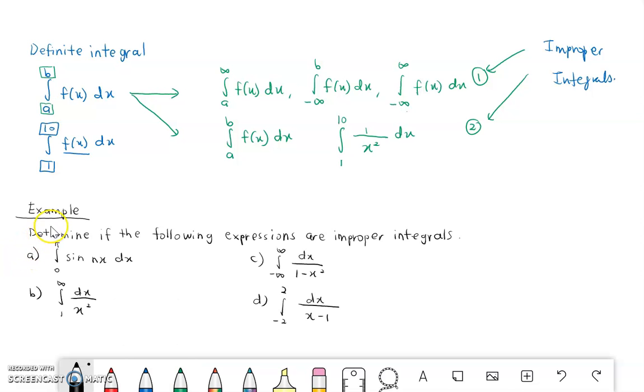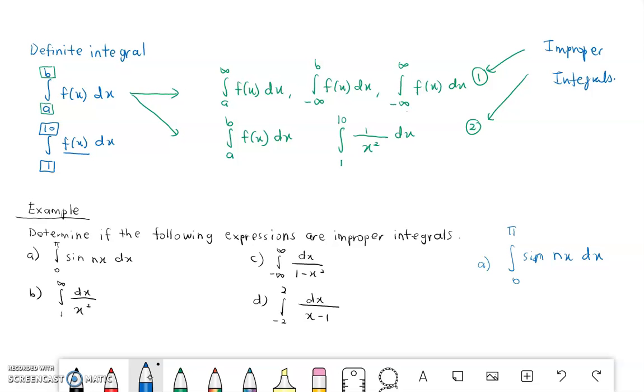Now let us try this example. Determine if the following expressions are improper integrals. I want you to pause this video and identify if these expressions are improper integrals or not. Then we will discuss the answer. For A, we have the integration of sin x dx from 0 up to pi.